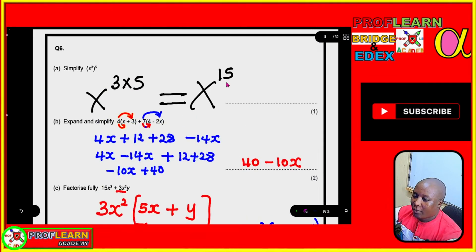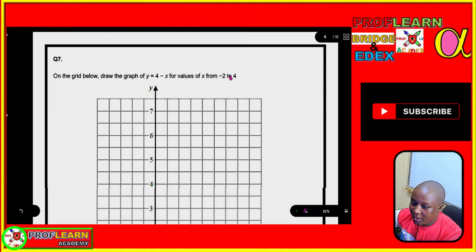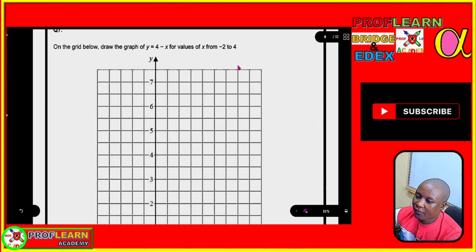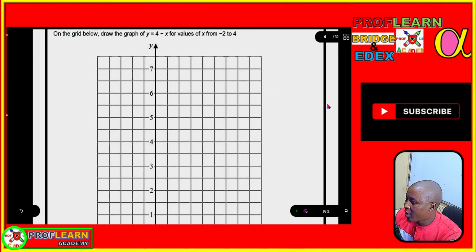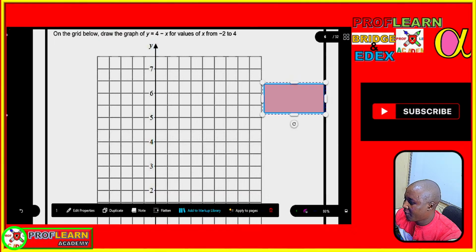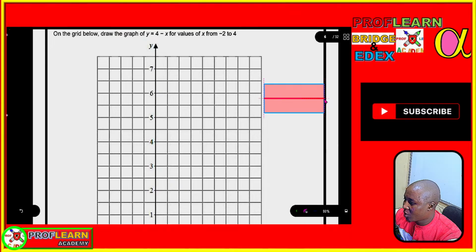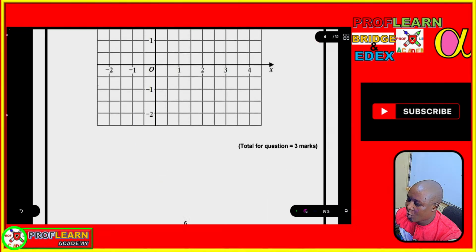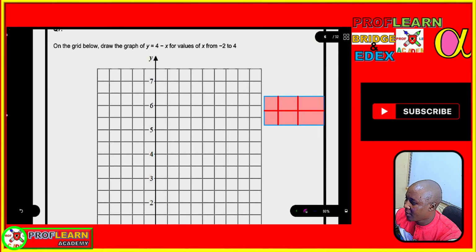All right, so moving to the next part, we are moving to question 7. Draw the graph of 4 minus x from -2 all the way to 4. So in order to draw that on the graph, first we need to have a table of values. And for you to draw a graph of a straight line, you need just at least 2 values for that line.